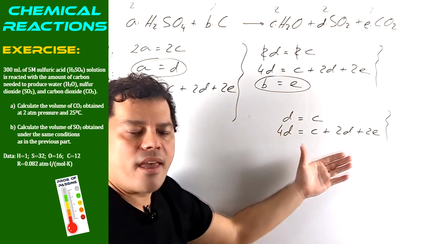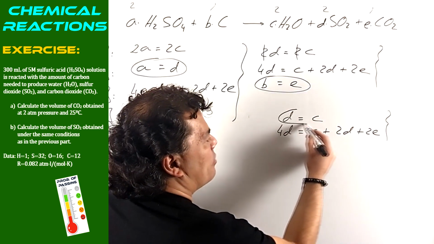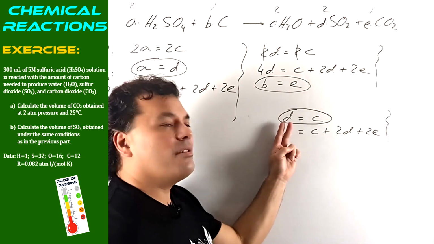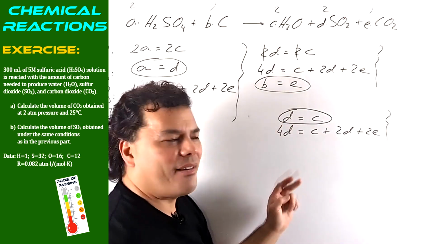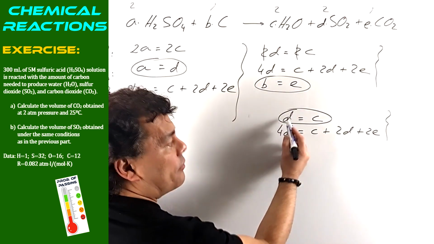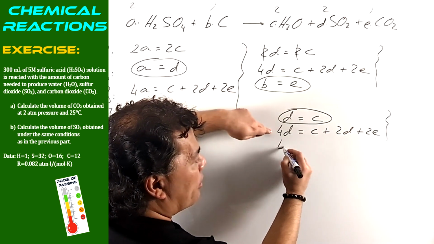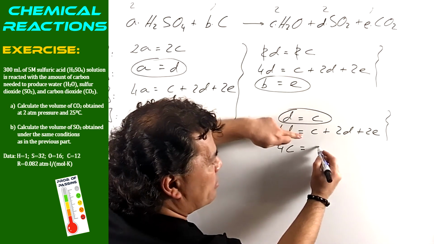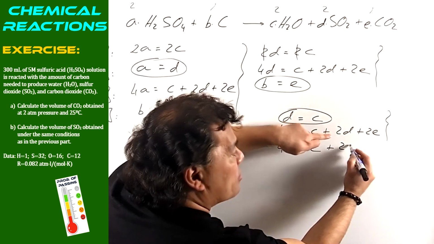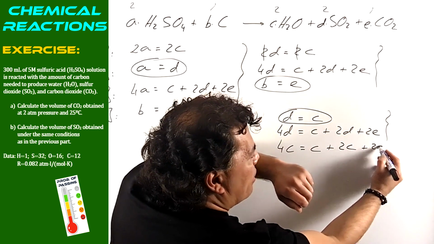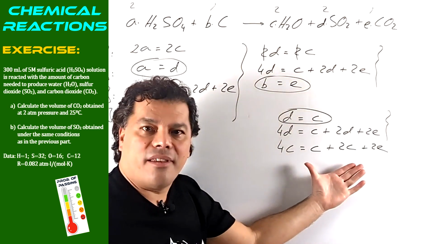And last step, we are choosing this equation and we are using this information to rewrite the last one, which means instead of using variable D, I'm using C. So 4C must be equal to C plus 2C plus 2E. And now let's clean this equation up.